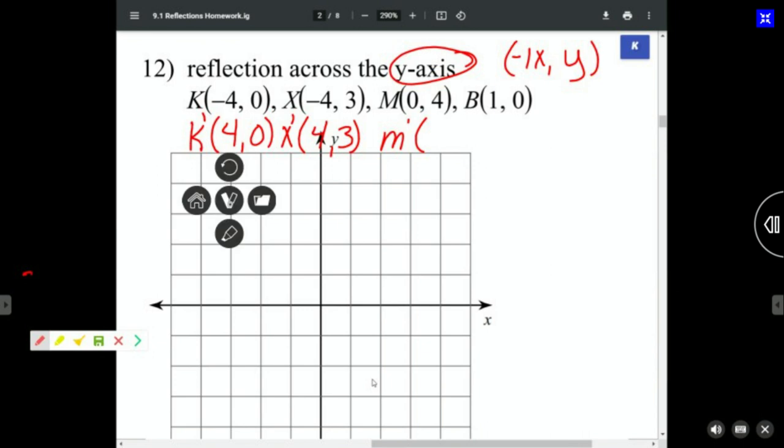M prime is going to stay the same all the way around because I got that 0 in there again. And B prime, negative 1, 0.